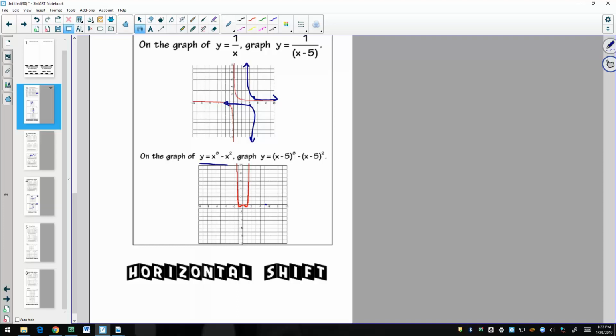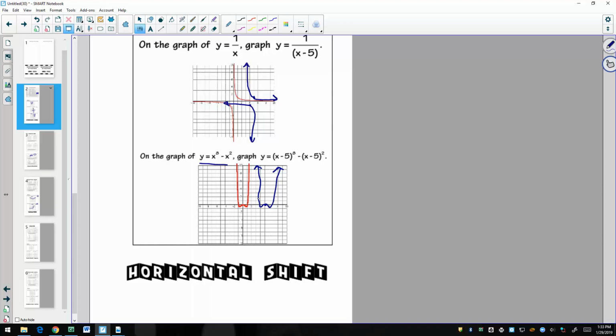Maybe this is 5. So it's going to dip down and then up. Whoa, that was terrible. And then down and then up. Again, you should actually move points to the right 5 since you can see your graph a little better than I can.